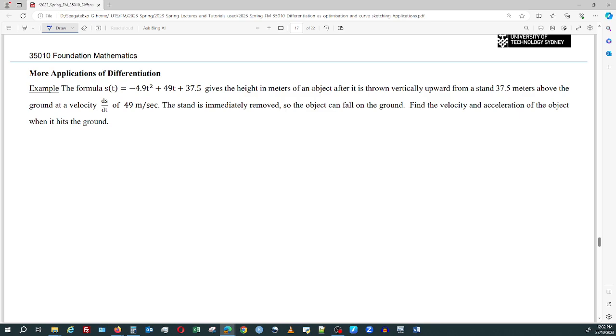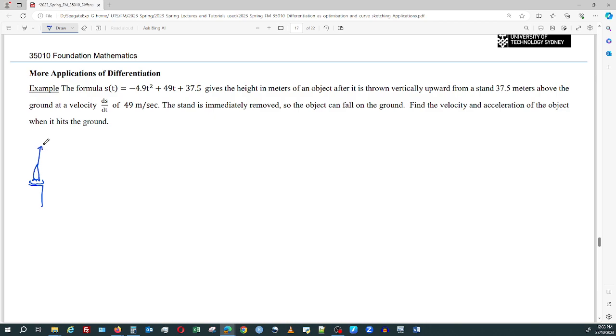We've got an object thrown vertically from a 37 metre stand, so we better draw this. It's sitting on top of a 37 metre stand, so it's like a rocket or a dart or something. It's got a cloud of exhaust, and it takes off and goes up.